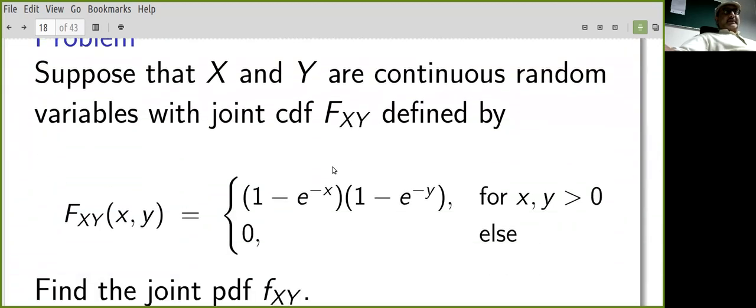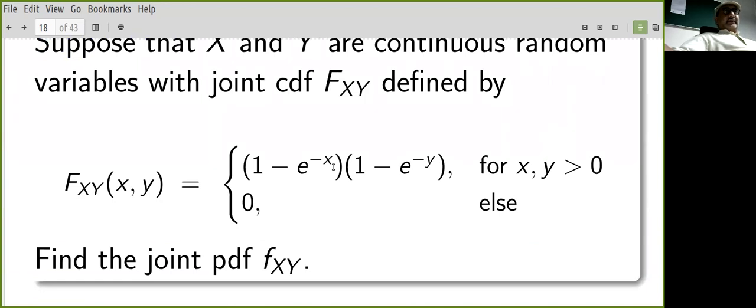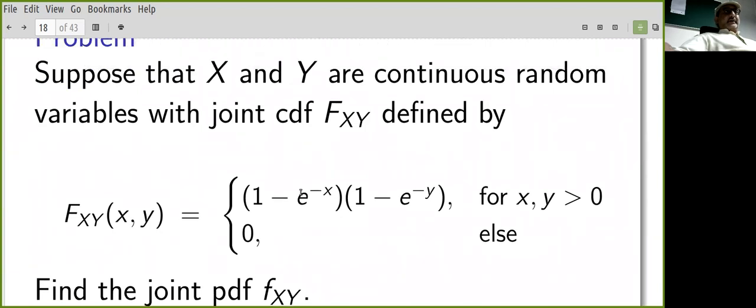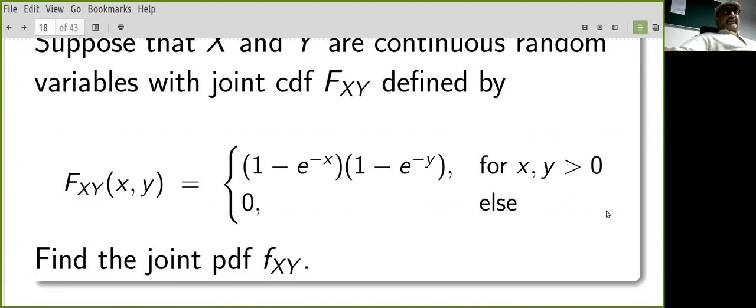Okay, so let's do an example. I have a CDF for random variables x and y defined by the CDF taking the value (1 minus e to the minus x) times (1 minus e to the minus y) for x and y both greater than 0, and it's 0 otherwise. Now, how do you find the PDF, small f sub xy?